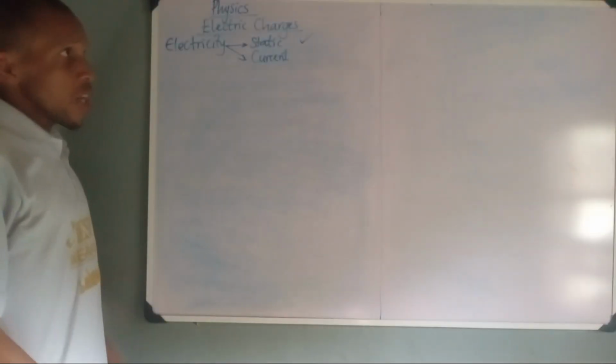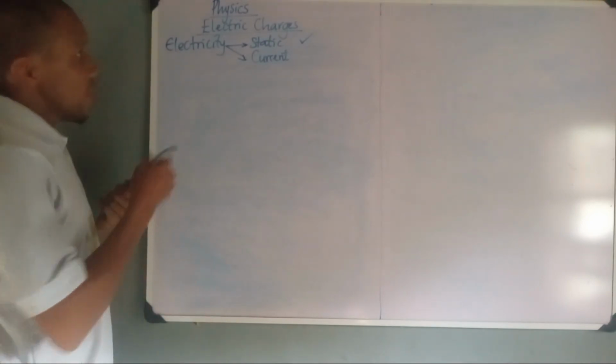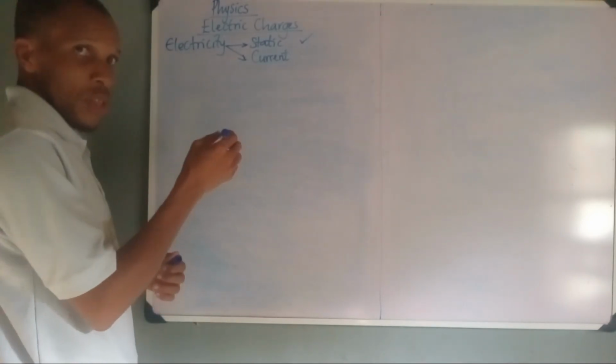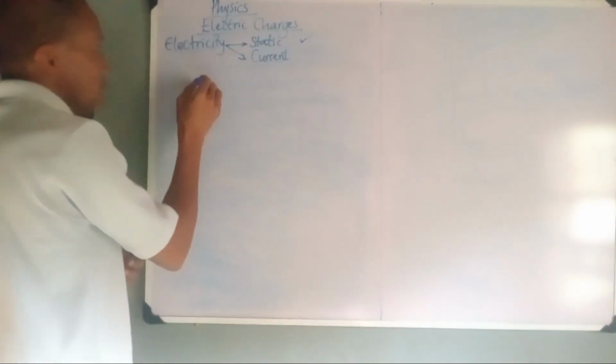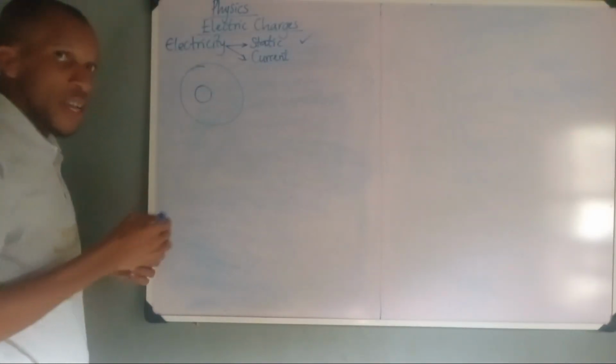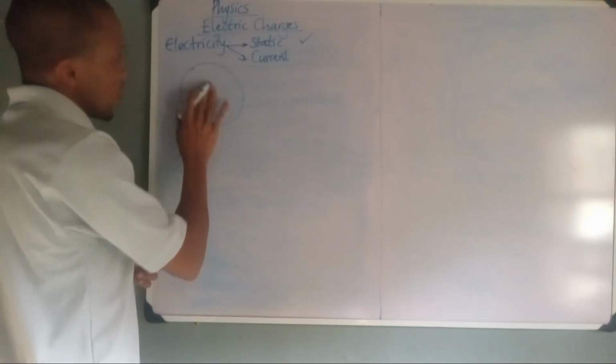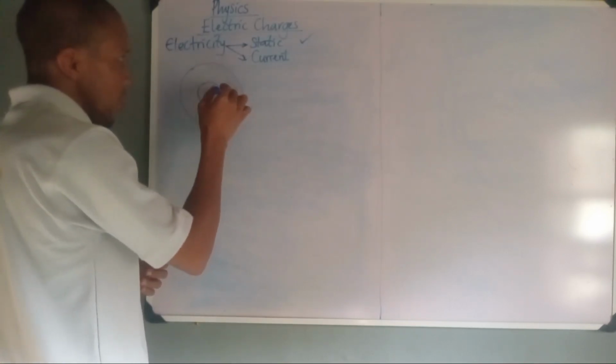Now, talking about static electricity, we are actually talking about electricity that has to do with electrons. And what exactly are electrons? If you remember, all substances of matter are made up of atoms. And these atoms have a nucleus at the center.